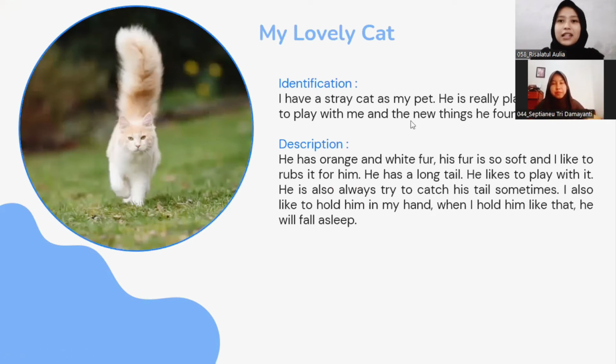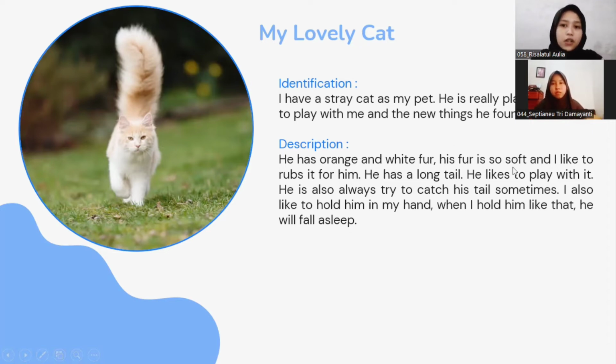Okay, this is the example of descriptive text. The title is My Lovely Cat. Okay, I will read this text. I have a stray cat as my pet. He is really playful. He loved to play with me and the new things he found. He has orange and white fur.